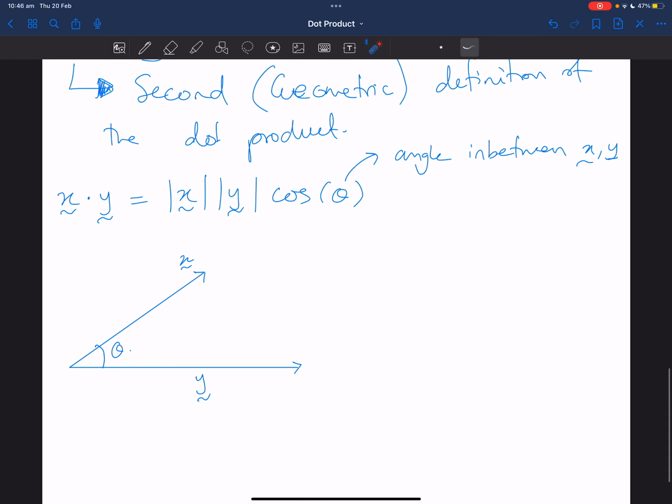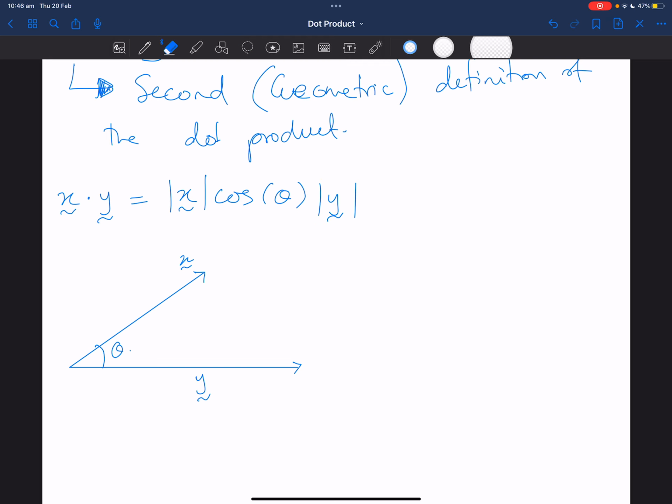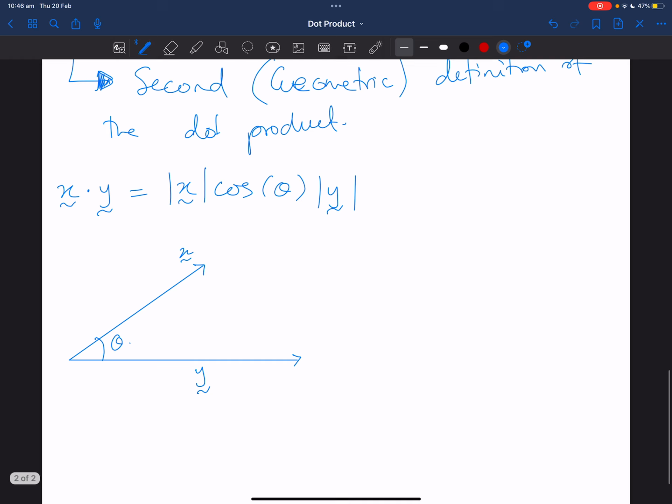So what we're doing here is, and I might just rearrange this so it's even easier to see, x cos theta times y. This vector has length x, and this vector has length y.